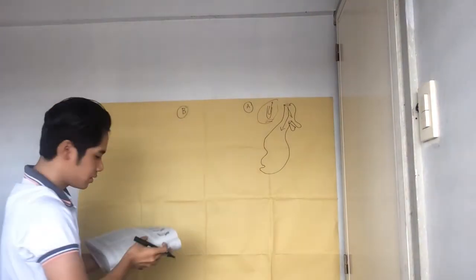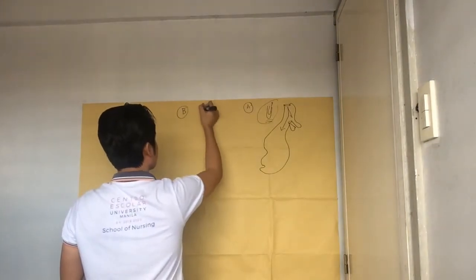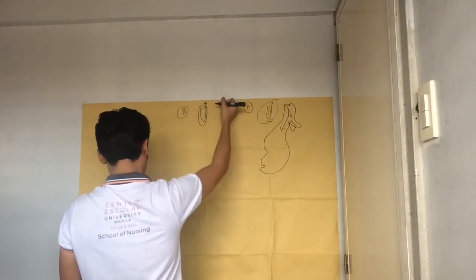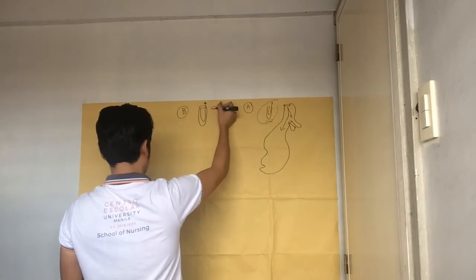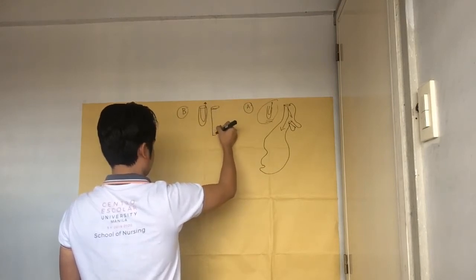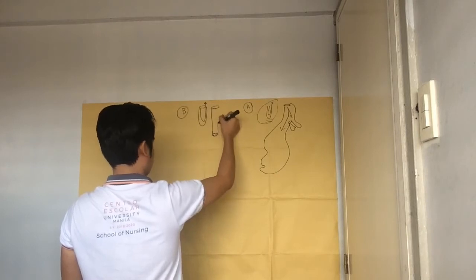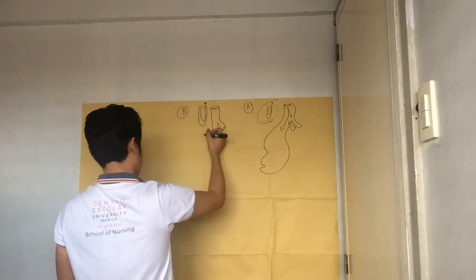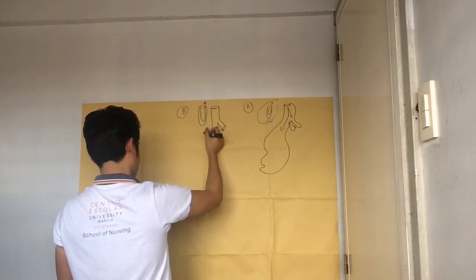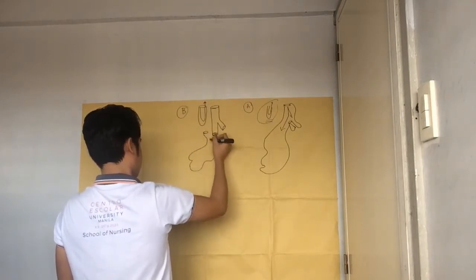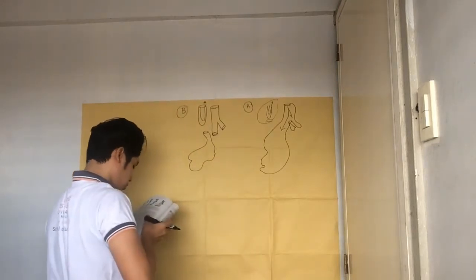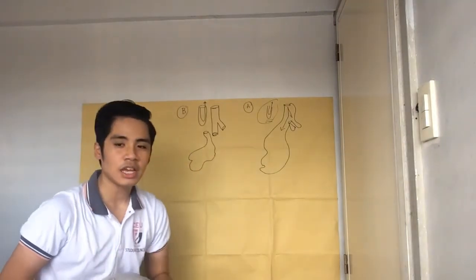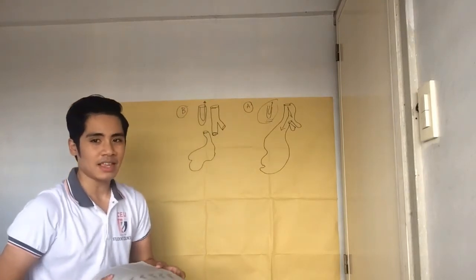Next, type B. In this case, both the esophageal atresia and the tracheoesophageal fistula end in a blind pouch.